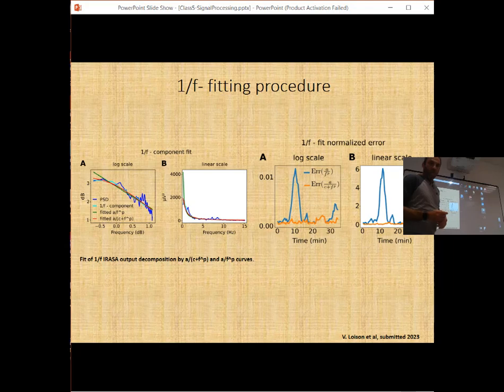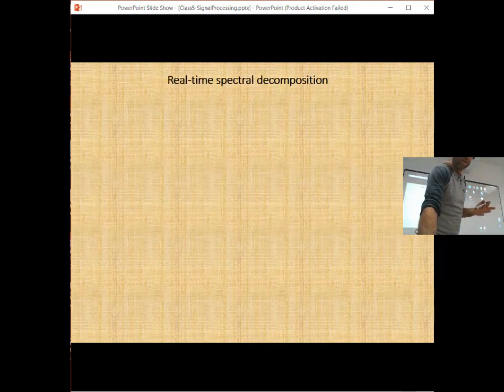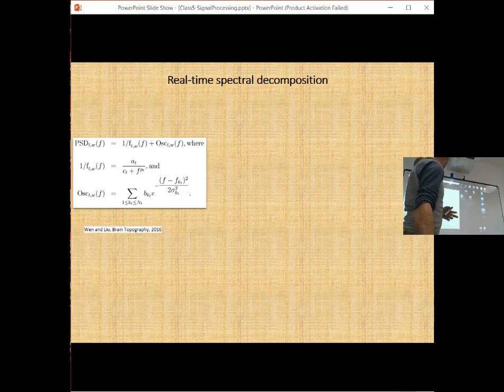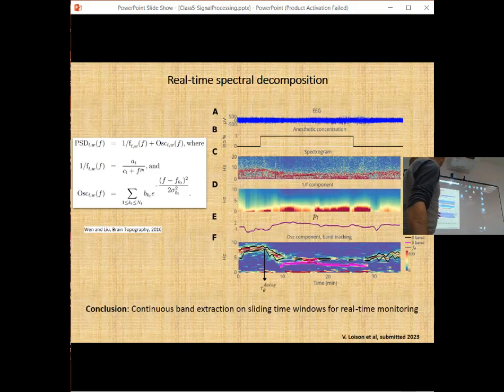Alright, so that's a procedure which is somehow robust, and you can apply it. And what we did is we applied it on the EEG signal to ask, is there information in the coefficients we extracted? I showed you we extracted several coefficients, one for the 1 over f and the other for the oscillatory component.